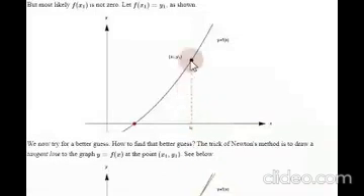Now in Newton's method, the function should be differentiable, otherwise you cannot use Newton's method. If function f is differentiable, then we can use Newton's method. After choosing the starting point, you consider the derivative at that point.